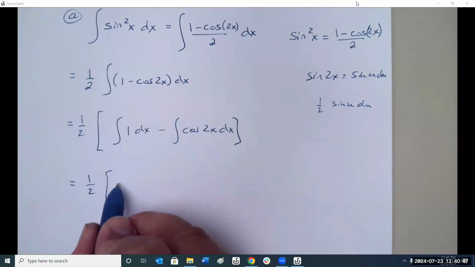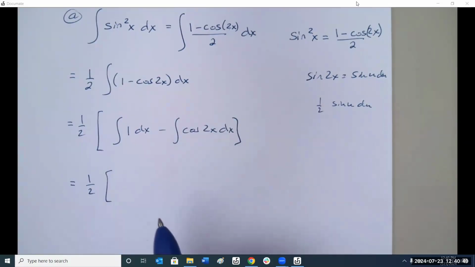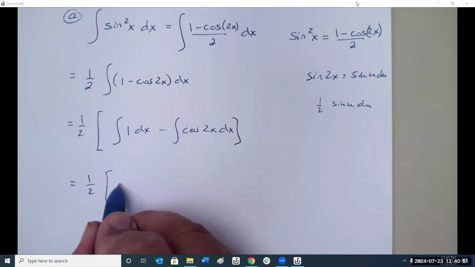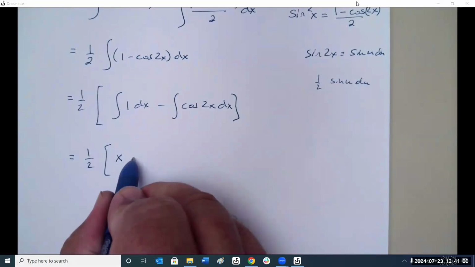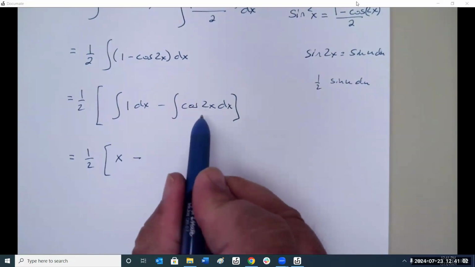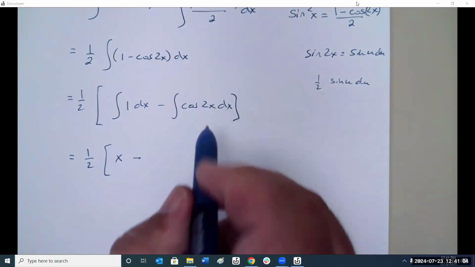The integral of 1 is what? Just x, yeah. Minus the integral of cosine 2x dx.